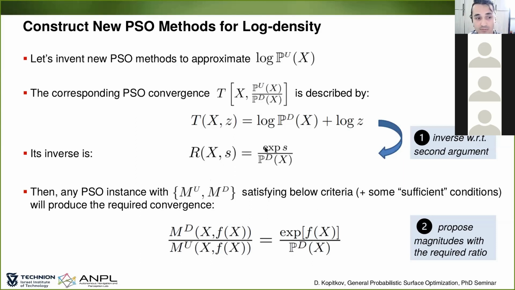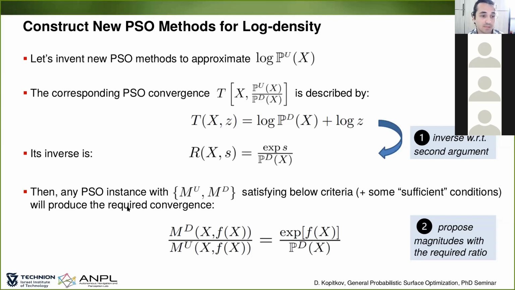Now, the inverse of this function with respect to the second argument is written here. And a smaller remark about inverse functions: usually the involved functions T and R for different applications are very simple, so finding the inverse is not problematic. It's usually a very simple task.